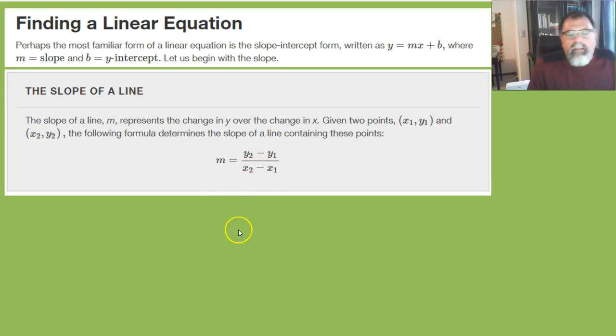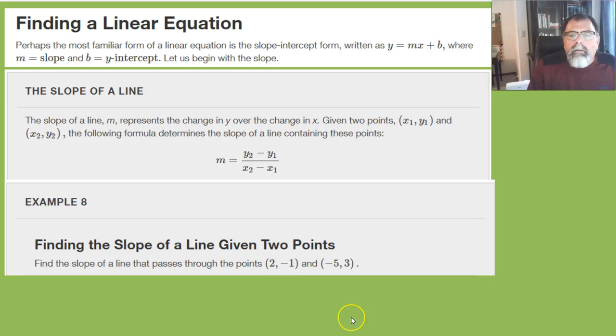Okay, I'm not going to write that down though. Okay, let's look at example 8 here. So we want to find the slope. So we're going to use this formula, y2 minus y1 over x2 minus x1, given these 2 points. This is point 1, this is point 2.